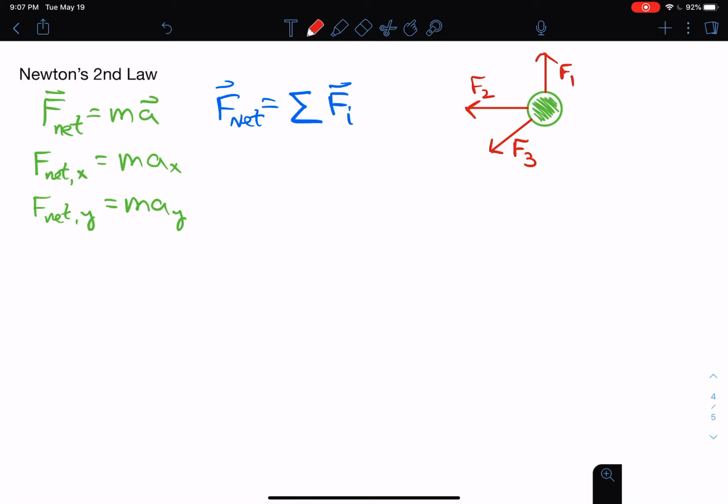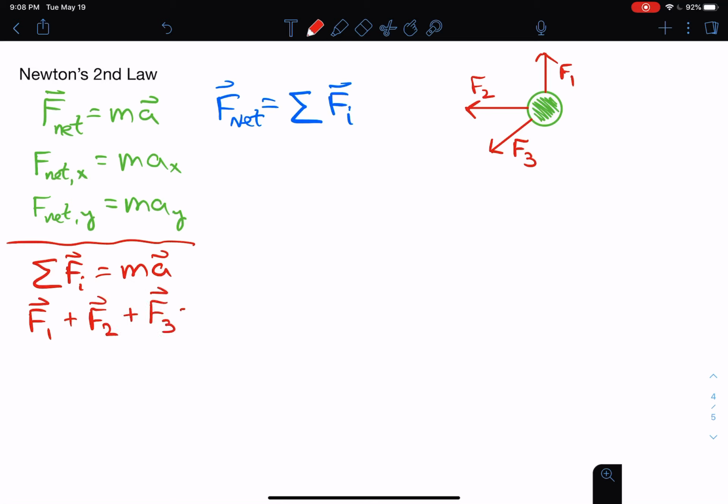And I want to show how these forces get put into Newton's second law. So let's start over with Newton's second law. Now I'm going to say that instead of writing it as the net force, I'm going to write it as the sum of all the individual forces has to equal the mass times the acceleration. And this means that I've got my three forces, so I've got to do F1 plus F2 plus F3.